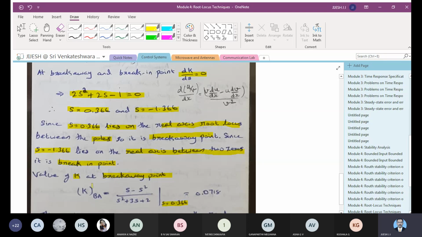Substitute the values of s and do the calculation. You will end up with the answer 0.0718. So the value of K at the breakaway point is 0.0718.